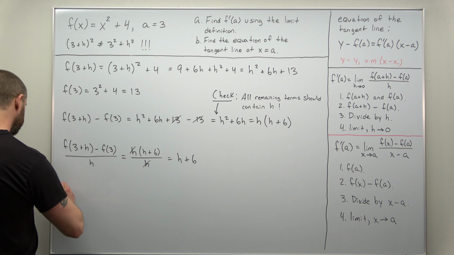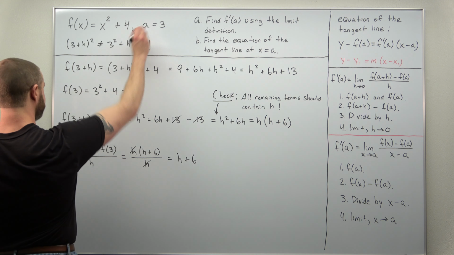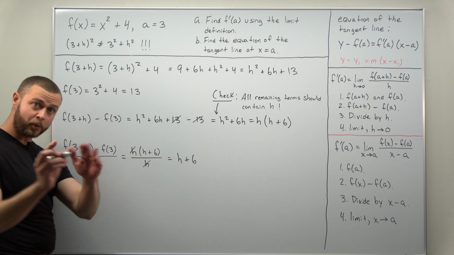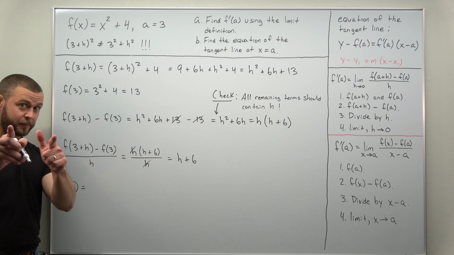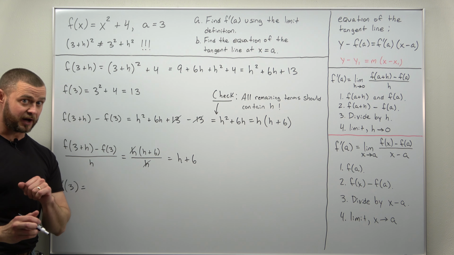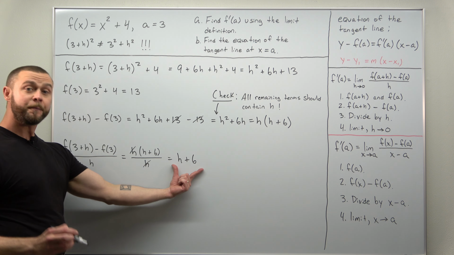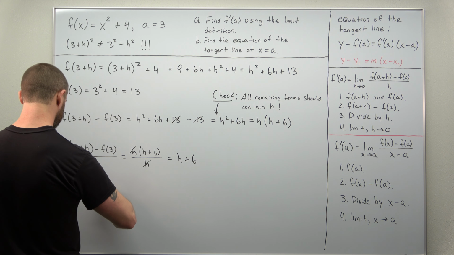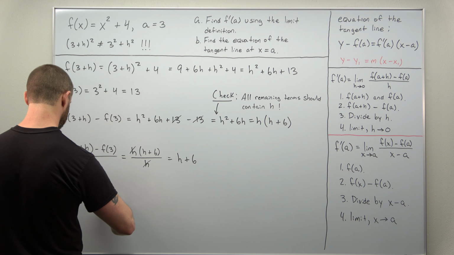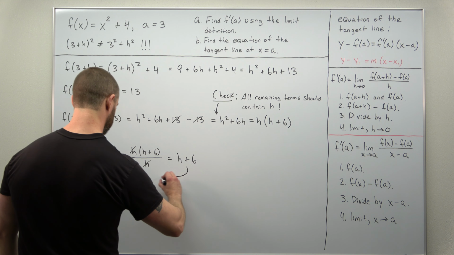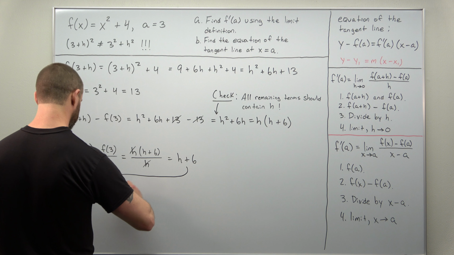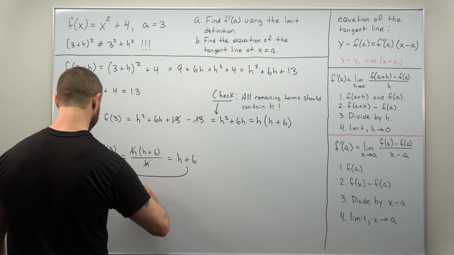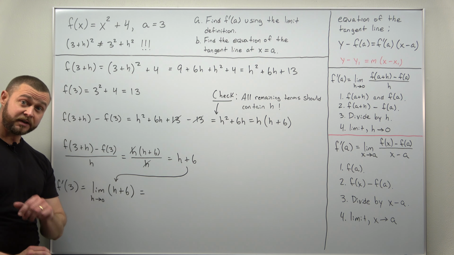The last part is we're just going to calculate f prime of a, f prime of 3. This is what we call the derivative, which represents the slope of the tangent line. We just now take this result and take a limit as h goes to 0. So we're taking the limit as h goes to 0 of h plus 6.